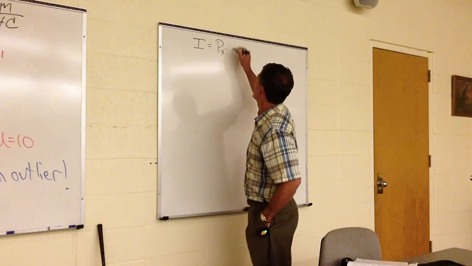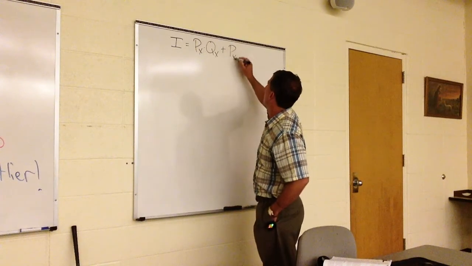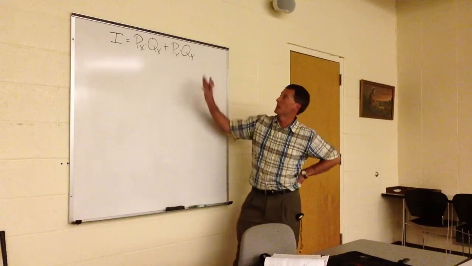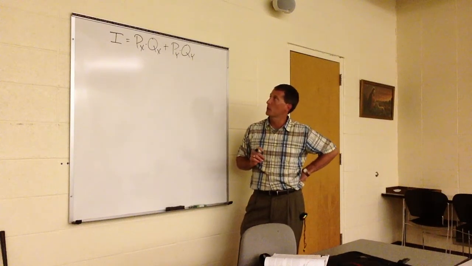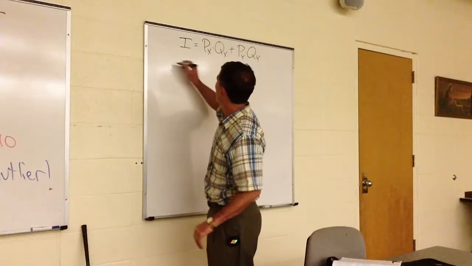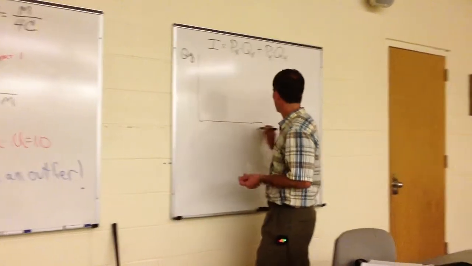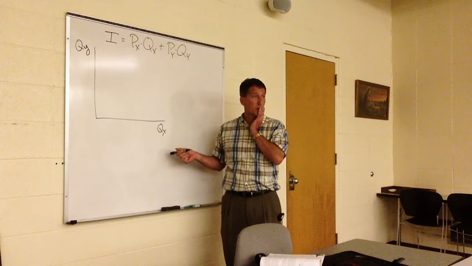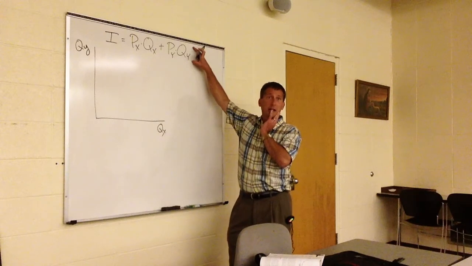I've got the price of good X times the quantity of good X plus the price of good Y times the quantity of good Y. And this is my total spending on x-rays and yo-yos. If I draw yo-yos on the vertical axis and x-rays on the horizontal axis, what does this equation look like?